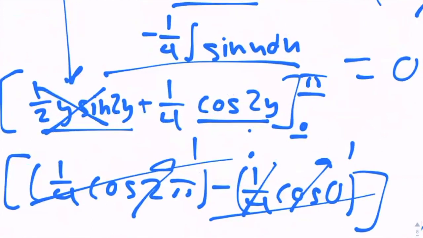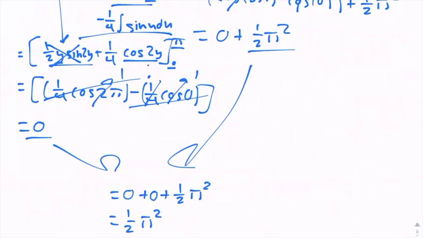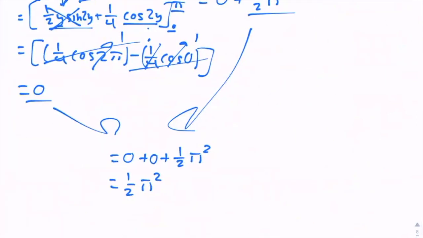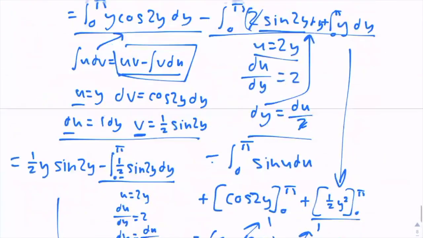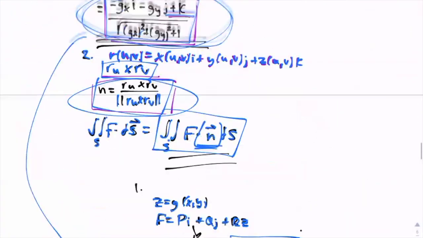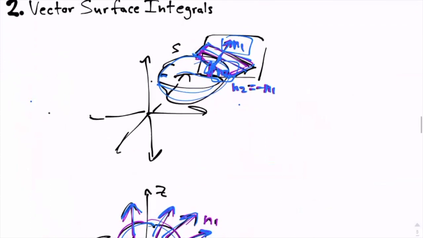And then for 1/2 y sine 2y, even though the y value itself won't necessarily be 0, the sine 2y at both pi and 0 would be 0. So this checks out to be 0 as well. So finally, combining them, 0 plus 0 plus 1/2 pi squared is equal to 1/2 pi squared. And that's it. That is our lesson on vector surface integrals.